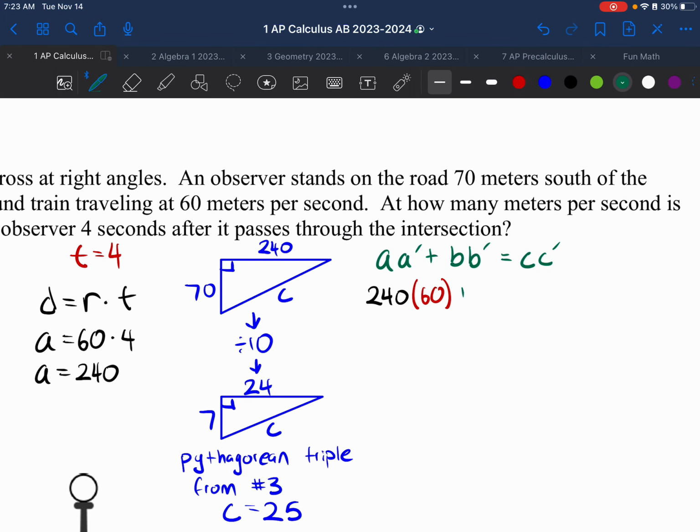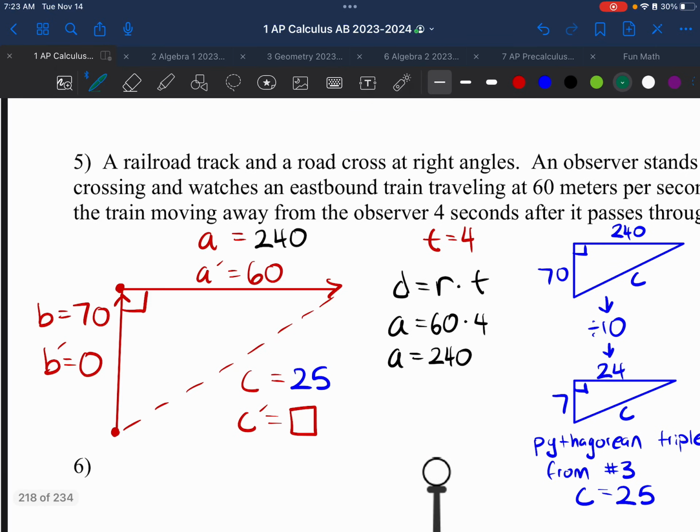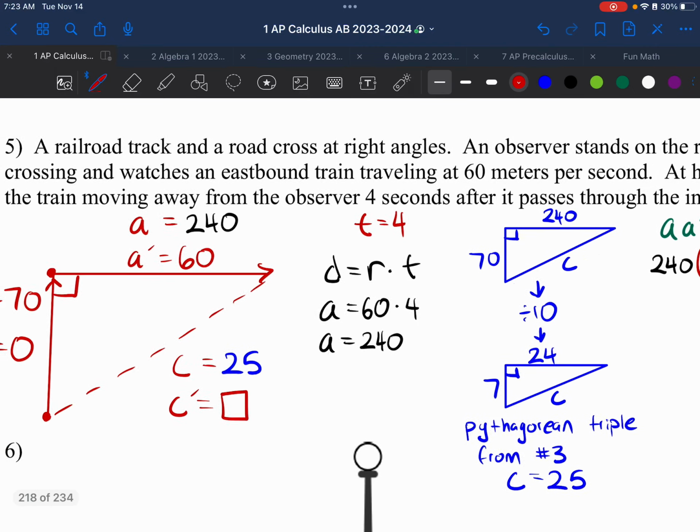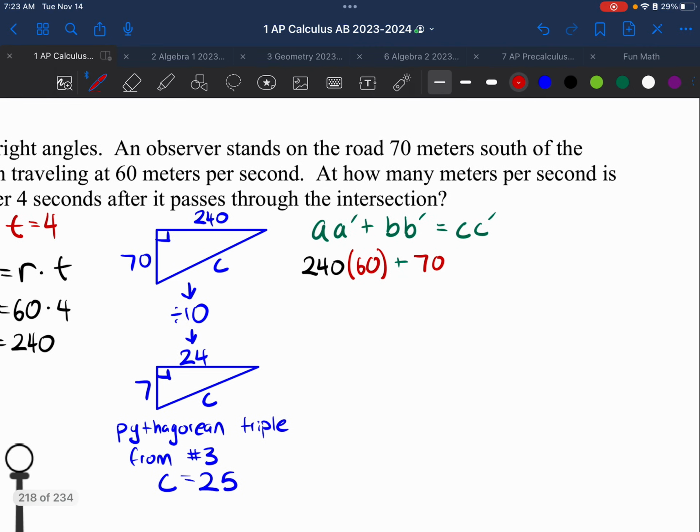And then plus B, we knew was 70. So plus 70 times B prime, which is 0. 70 times 0 is equal to C, which was 25. And then C prime, which we don't know, so I'm just going to call you C prime. All right, colors are all good here. Switching everything to just green.